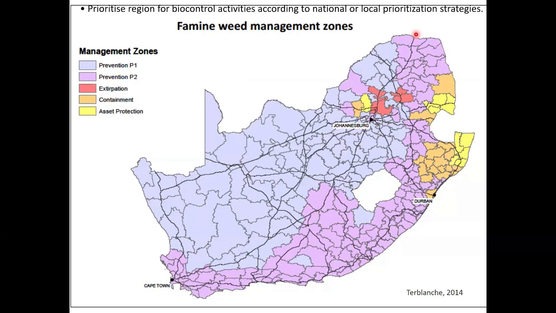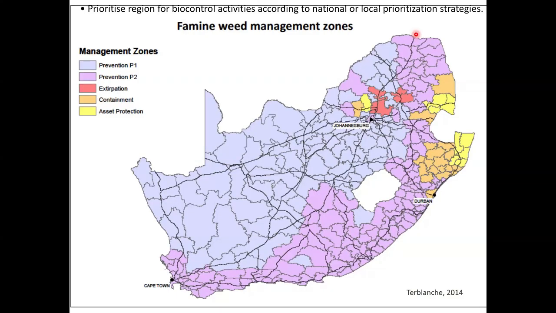In the purple areas, where Parthenium was not present, this would just be early detection and rapid response, and the red areas would be use of chemical control, and those would be very small populations of the weed that we would think could be brought under control by using chemical means.